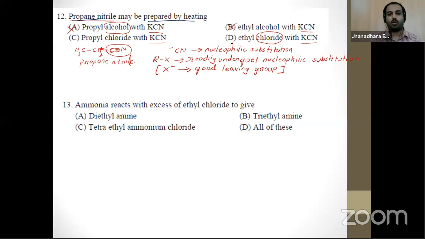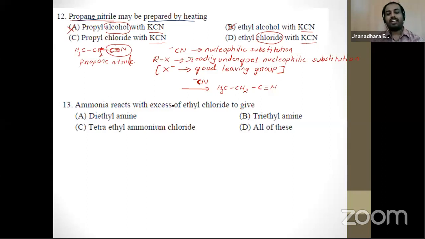Then how do you figure that out? Very easy. What you want is propane nitrile, which has 3 carbons: CH3, CH2, C triple bond N. This is what you want. And the cyanide ion is the nucleophile. Please observe, the cyanide ion also has a carbon atom. So one of the carbon atoms for this compound is brought in by the cyanide ion itself, which means the reactant alkyl halide should have just 2 carbons.